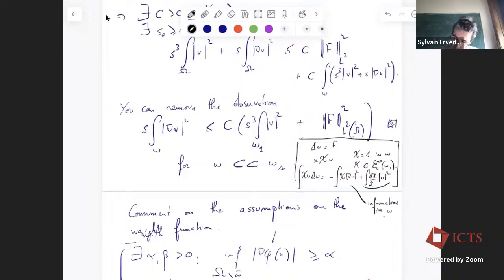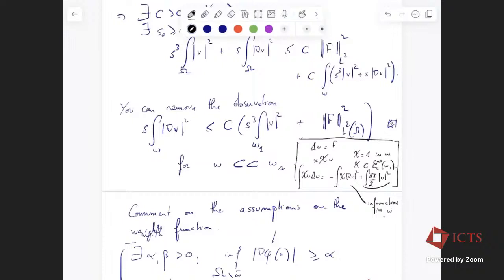And to absorb this term here, you should realize that the Laplacian of chi will be localized in omega 1. Okay, and that's it. Basically, that's it. So certainly omega should be smaller than omega 1. Is that okay? Does it answer your question?